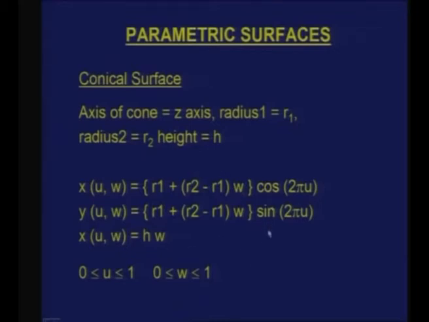So, if I put, let us say, w equal to 0, then I am getting one circle. If I put w equal to 1, then I am getting another circle which corresponds to r2, and the height of the cone is given as h. So, this can be completely defined except for the position, which is not specified in this case.